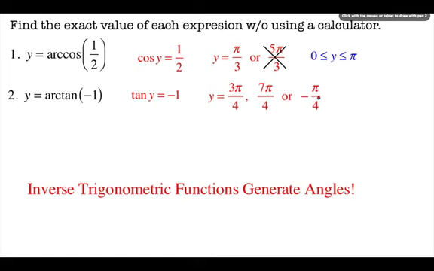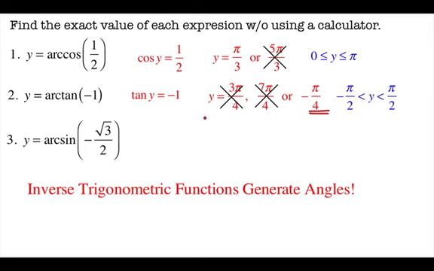And this is also in the fourth quadrant, but this is coterminal to 7 pi over 4. Now, let's go back to the restriction for tangent. For the y, you saw earlier, it is from negative pi over 2 to positive pi over 2. This is why the two answers that you're going to eliminate are those two. So this is your answer. Notice that it's coterminal with this, but you want to express it as negative pi over 4, not positive 7 pi over 4, because it doesn't fall in this range here.